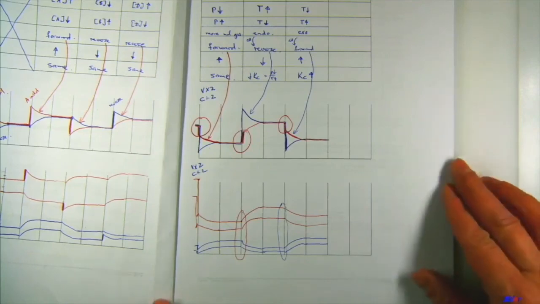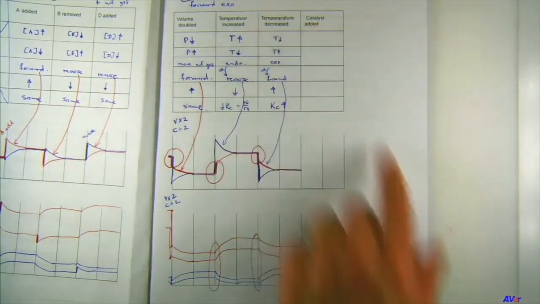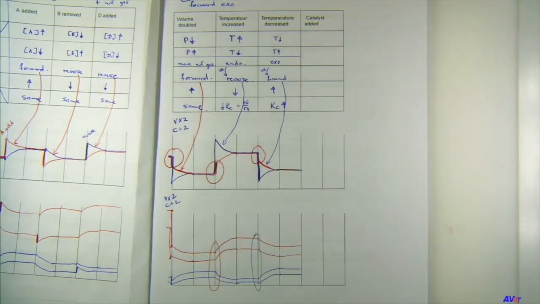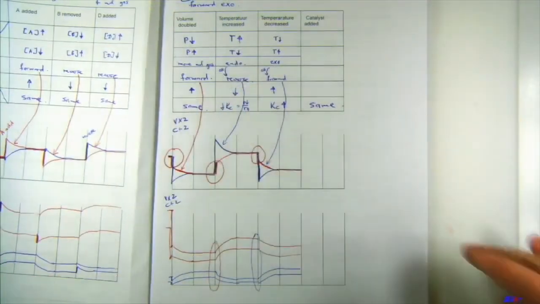Right, last column. Now, if you look at the catalyst, if I added the catalyst, now actually this one should be dark as well. What does the catalyst do? It doesn't influence my equilibrium, right? So we're going to end with the same Kc value.